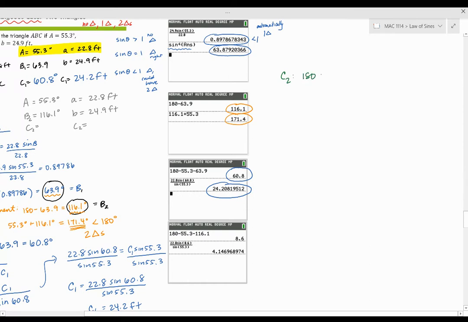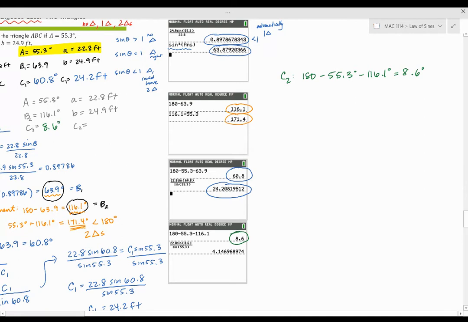So we can say 180 minus 55.3 minus 116.1 equals, when I plug that into the calculator, 8.6. So that's what C2 equals.